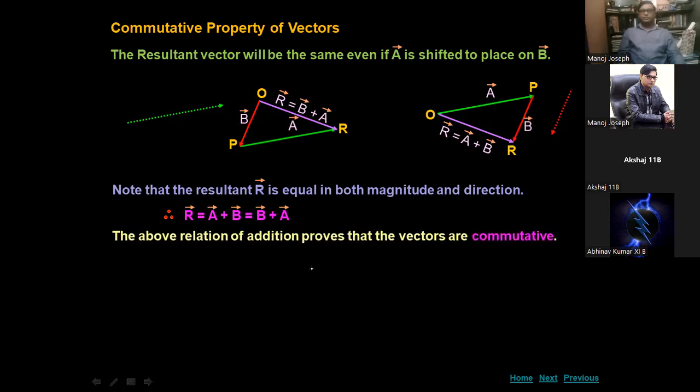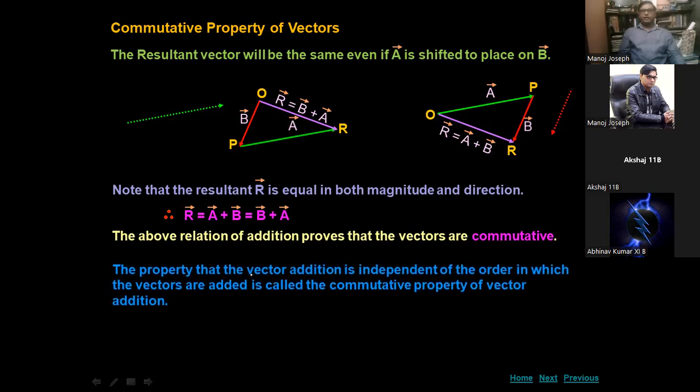So the above relation of addition proves that vectors are commutative. The property that vector addition is independent of the order in which the vectors are added is called the commutative property of vector addition.